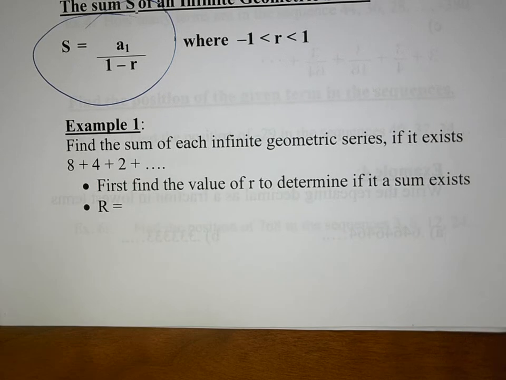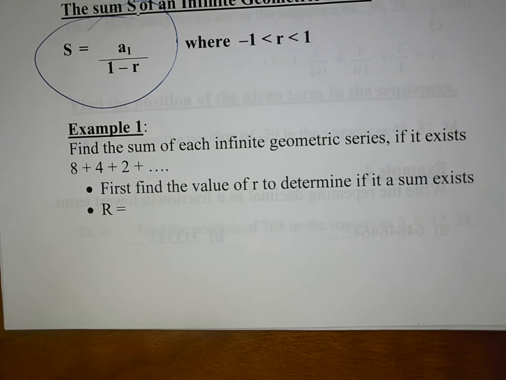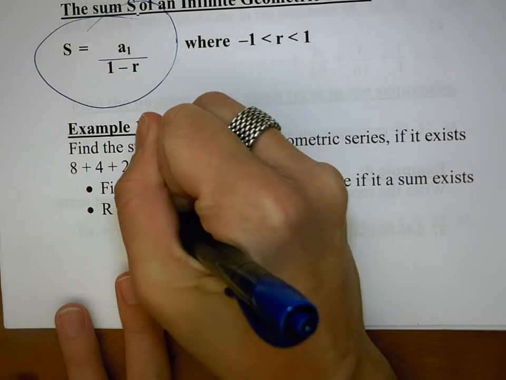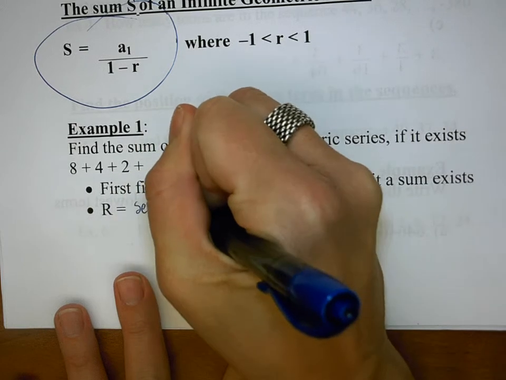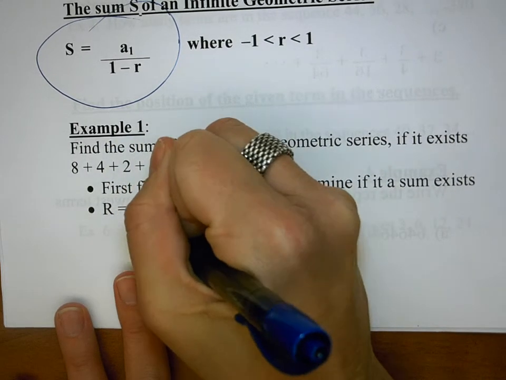Find the sum of each infinite geometric series, if it exists. On this one, it goes 8 plus 4 plus 2, and it goes on and on forever. The first thing you have to do is find the ratio. If you don't have this from yesterday, remember that you can find your ratio by writing your second term divided by your first term.